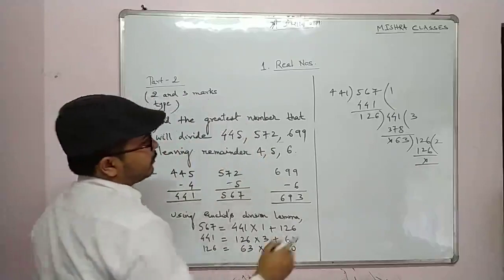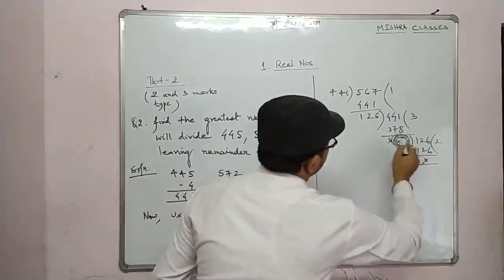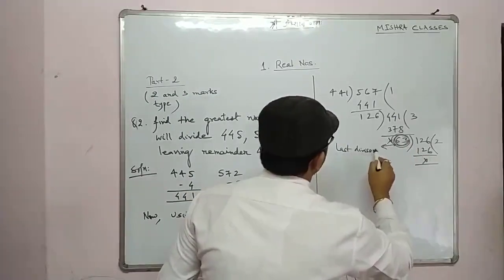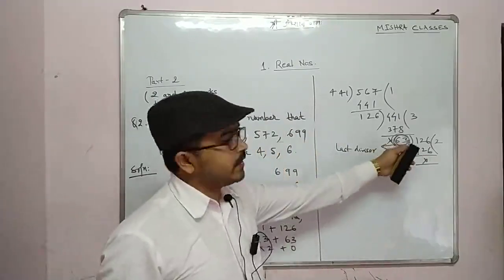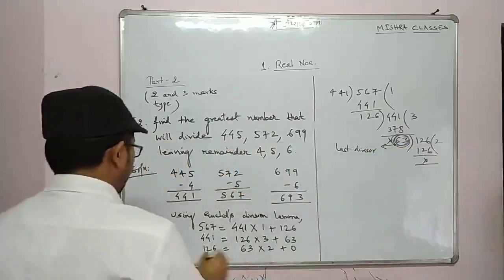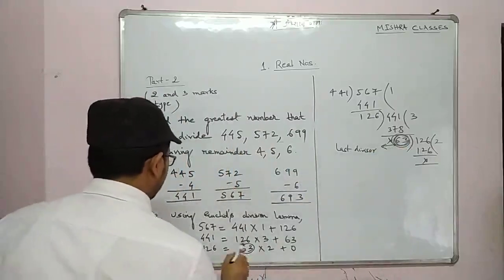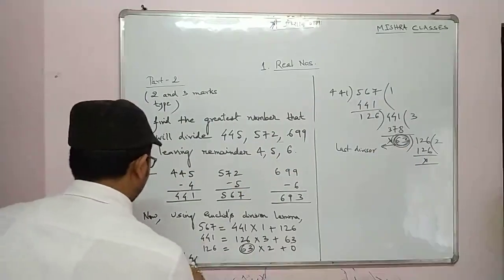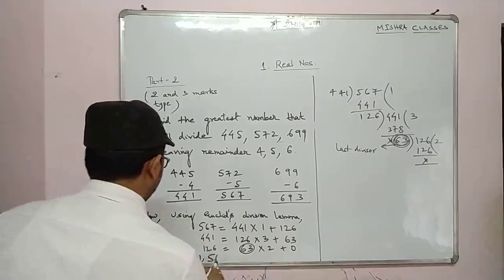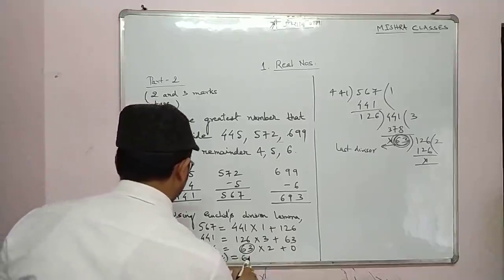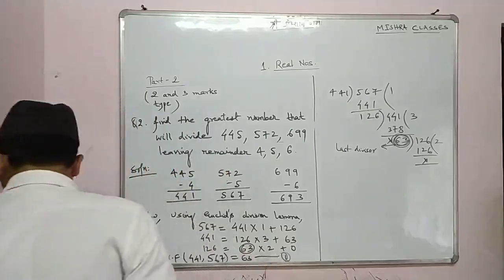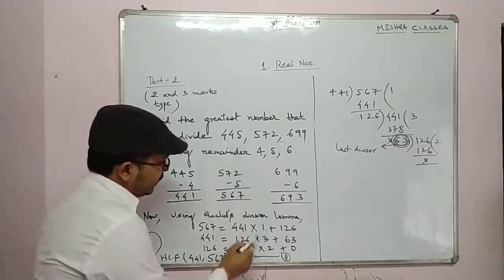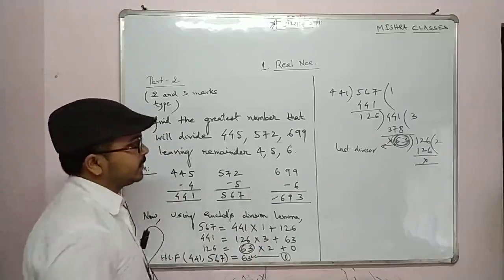Now what is our last divisor? Last divisor is 63. So HCF of 441 and 567 is 63. Mark it as equation number 1. Now we will take the HCF of this 63 and this 693.